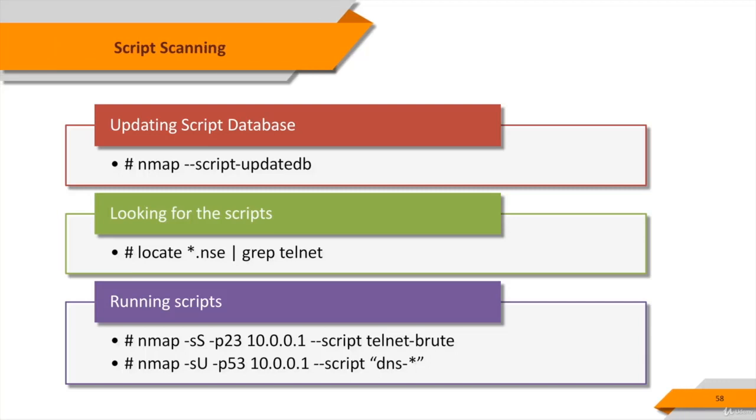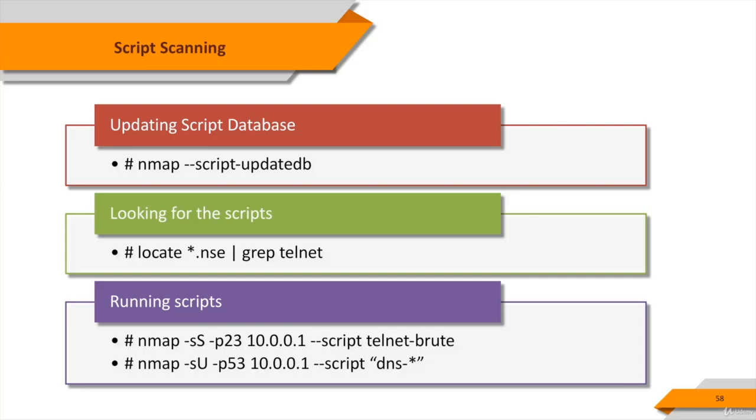The --script-updatedb option updates the script database found in scripts/script.db, which is used by Nmap to determine the available default scripts and categories. It's only necessary to update the database if you have added or removed NSE scripts from the default scripts directory, or if you have changed the categories of any script. This option is used by itself without arguments.